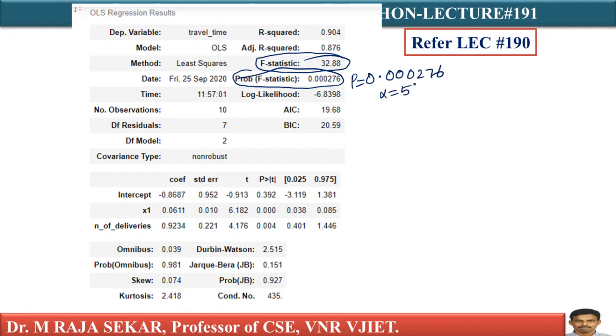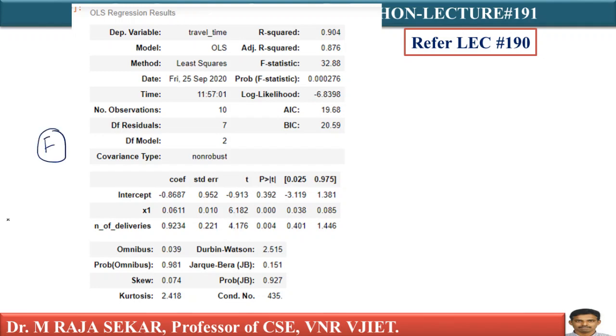Alpha is 5%, which is 0.05. 0.000276 is less than 0.05. Therefore, according to the p-value approach also, I must reject the null hypothesis. Even according to the critical value approach, we rejected the null hypothesis using the F statistic.